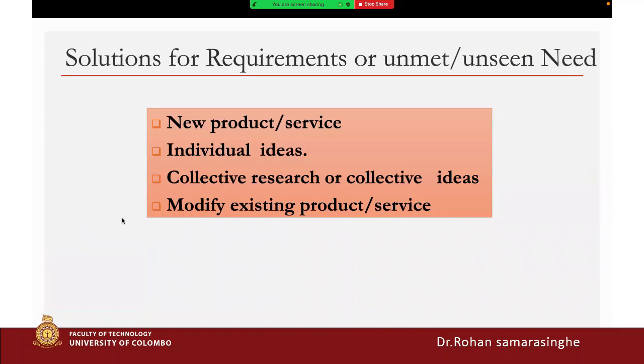So the solution for a requirement, or an unmet or unseen need, is to introduce a new product or service, and we can use individual ideas and also collective research or collective ideas. By grouping, you can get collective research or collective ideas for an unmet or unseen need.